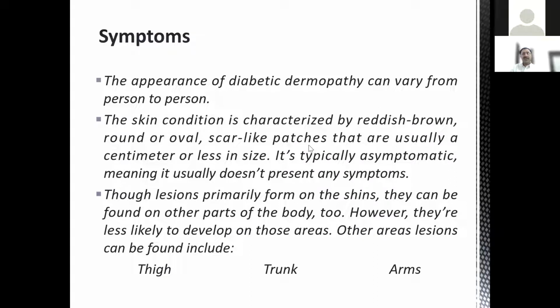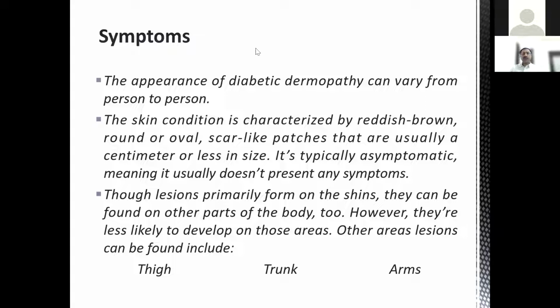The patient, when they see the lesion, only then can they recognize it. And these lesions are primarily on the shins, but they can be found on other parts of the body as well. But they are less likely to develop on those areas, that is thigh, trunk, or arms.